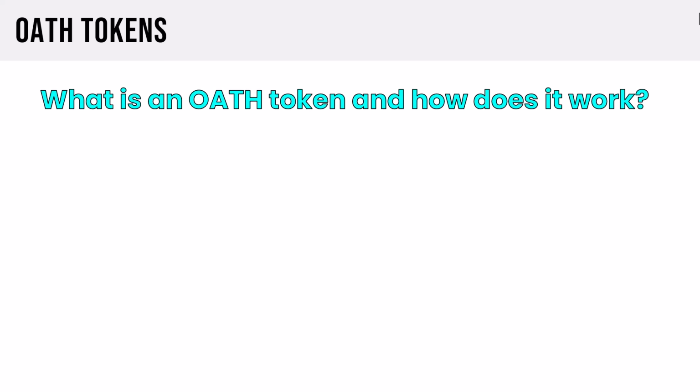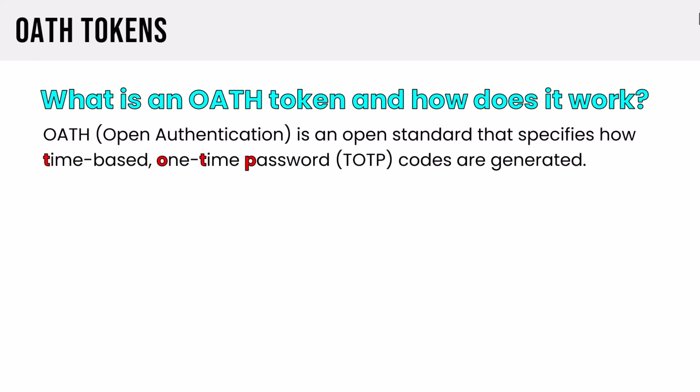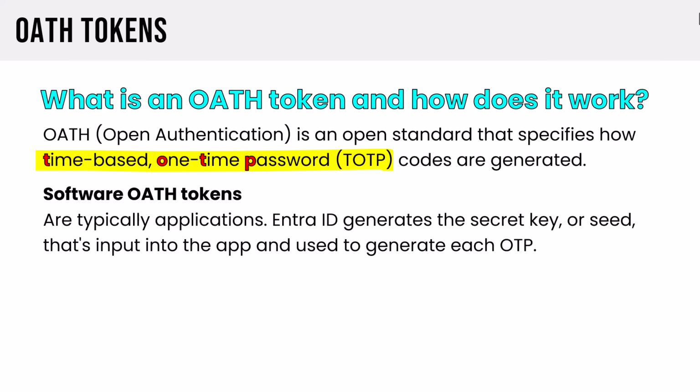Now, what is an OATH token and how does it work? OATH, or Open Authentication, is an open standard that specifies how time-based one-time password codes are generated. Software OATH tokens are typically applications. Entra ID generates the secret key or seed that's input into the app and used to generate each one-time password.